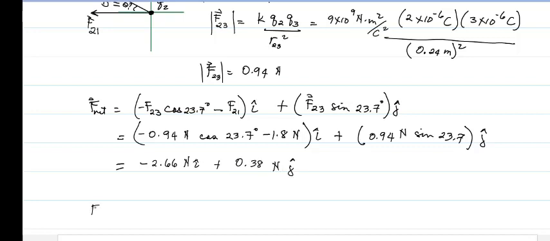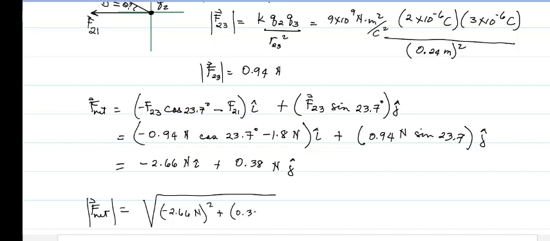Since this is in vector form, the magnitude on Q2 is just equal to the square root of the sum of squares of the x and y components. So we have negative 2.66 newton squared plus 0.38 newton squared, and the square root of that is equal to 2.7 newtons. So this is our answer.